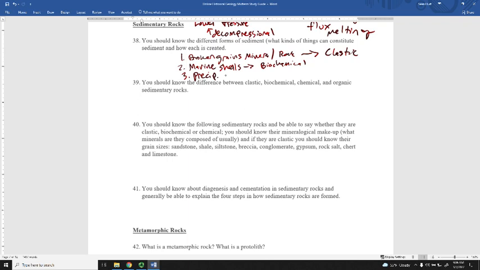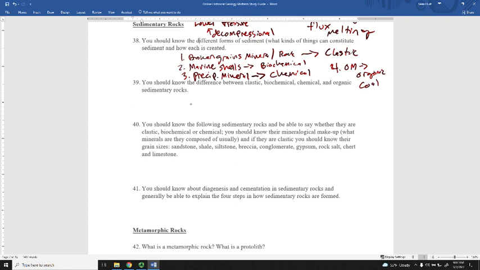I'm going to put precipitated minerals that are precipitated out of water, and we call those the chemical rocks. And then you can also have organic matter. I'm going to put OM for organic matter, and that gives you the organic rocks. Those are things like coal.